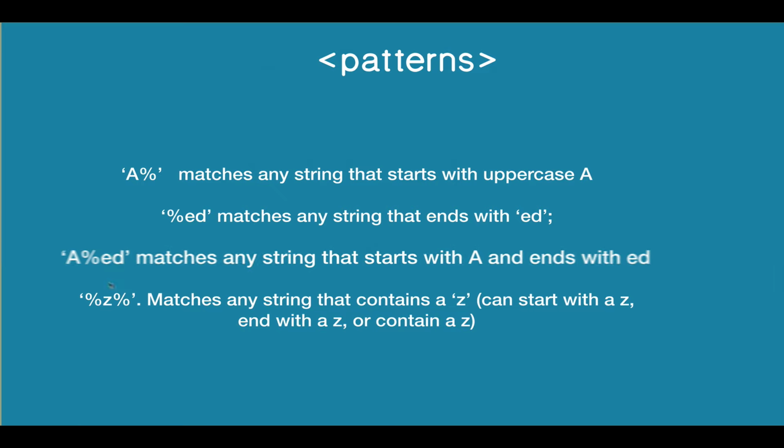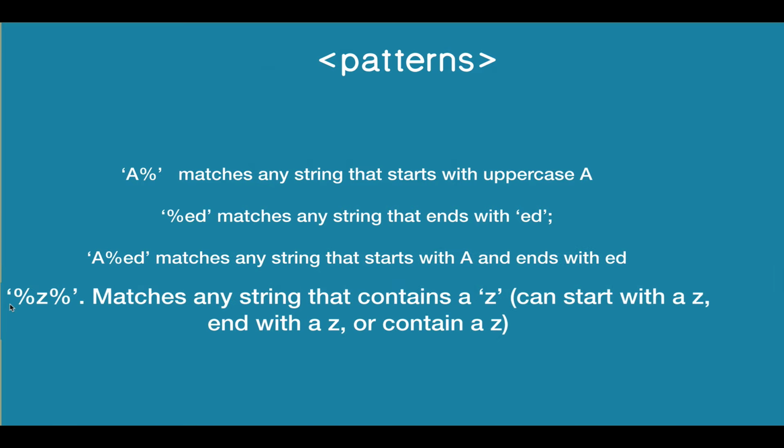And finally, this one with the %Z%, that matches any string that contains a Z. It can start with a Z because this % matches 0 or more characters, so it could be no characters. It could end with a Z, again for the same reason. This last % can be matched nothing, or it can have a Z in the middle. So it should match that.